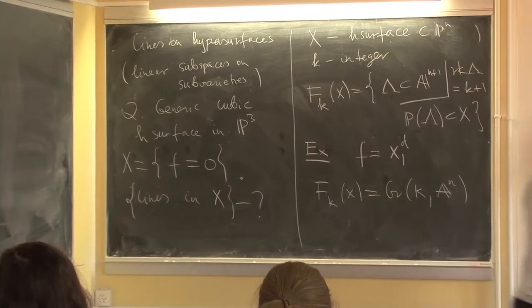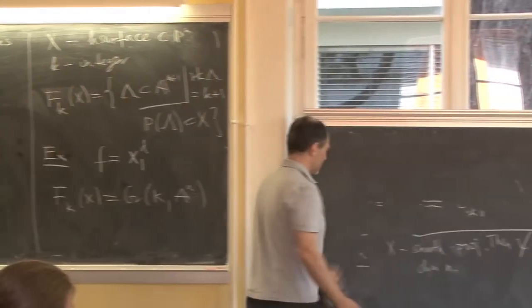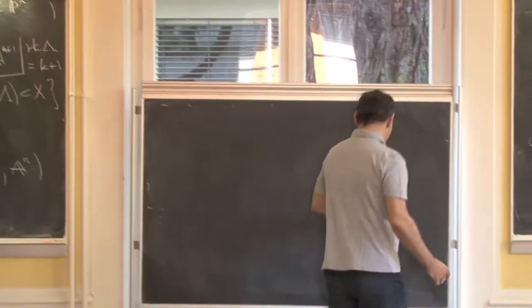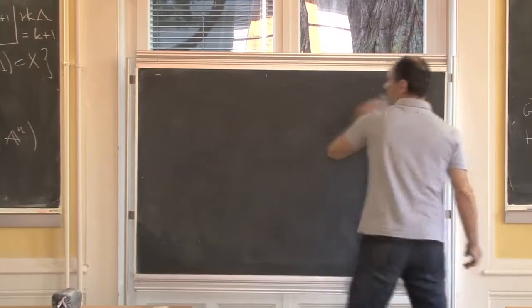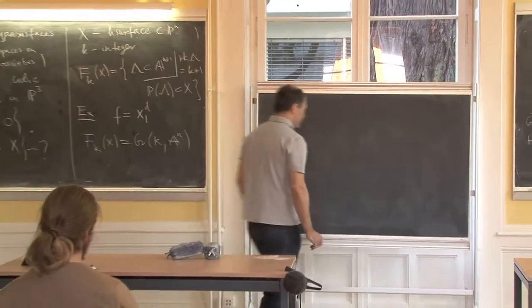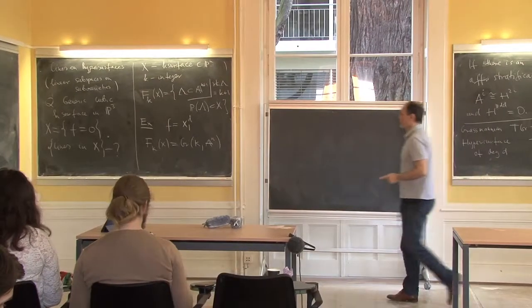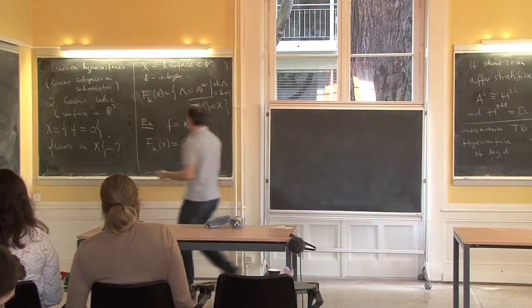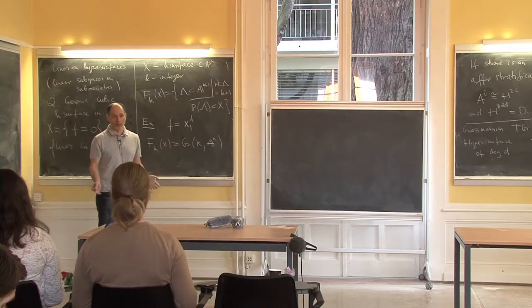So let me explain the trick. This trick is basically similar to what we did with the Grassmannian and the tautological bundle, which is that instead of doing it for a single variety, this F_k(X), we're going to do it for all of the varieties together.